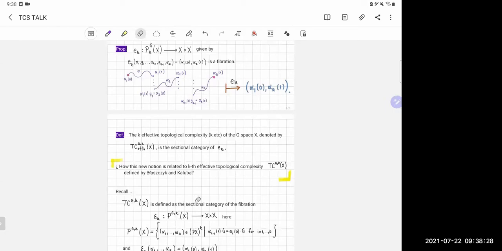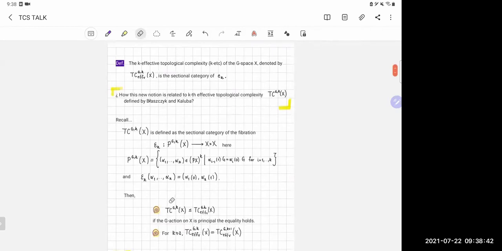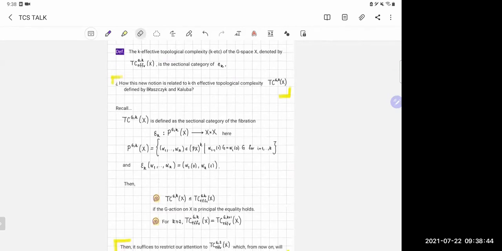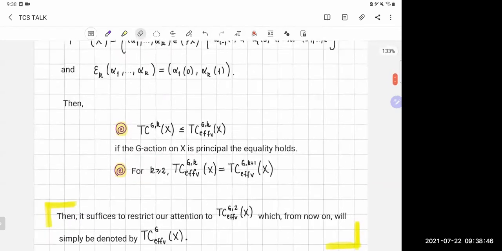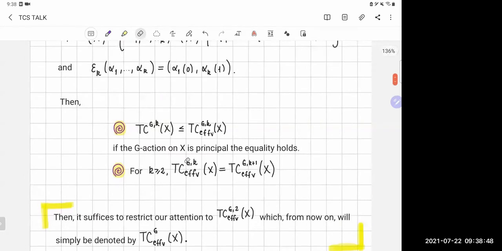In particular, the projection from this space onto this one that forgets all the group coordinates gives us this inequality. On the other hand, in our case, this equality holds under no special restrictions, while Blasinski and Kaluba's requires a principal action.